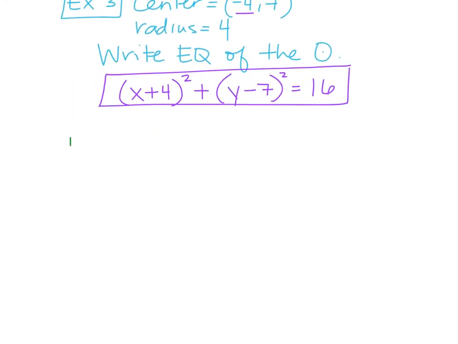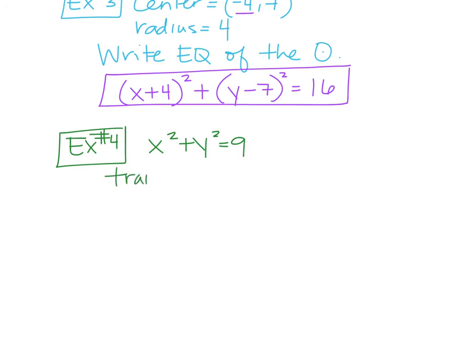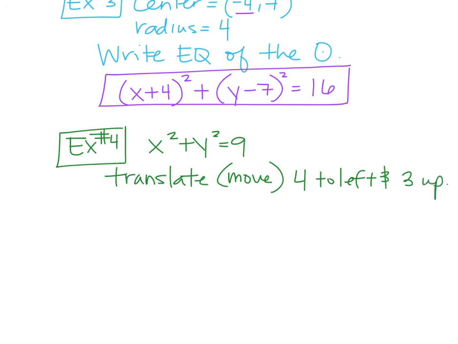Example 4. Example 4 says x² + y² = 9. And we are going to, when they tell you to translate, it just means you're going to move. Okay, so translate or move 4 to the left and 3 up.